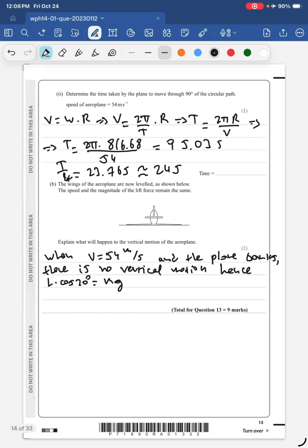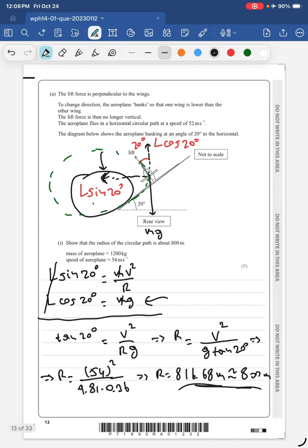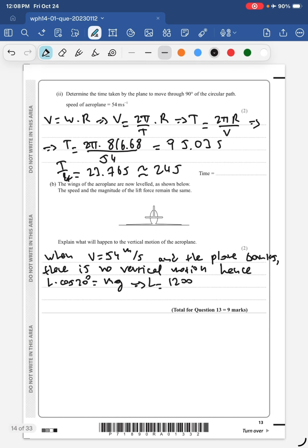So the lift is therefore 1200 kilograms, which is the mass of the airplane given, times 9.81 over the cosine of 20 degrees. So the lift itself, assuming that the magnitude remains the same, is 12,528 newtons.